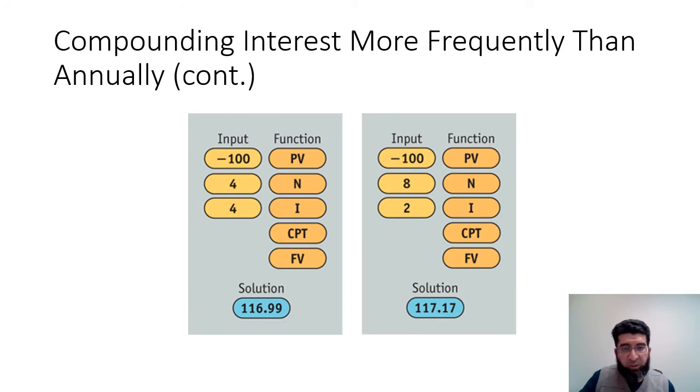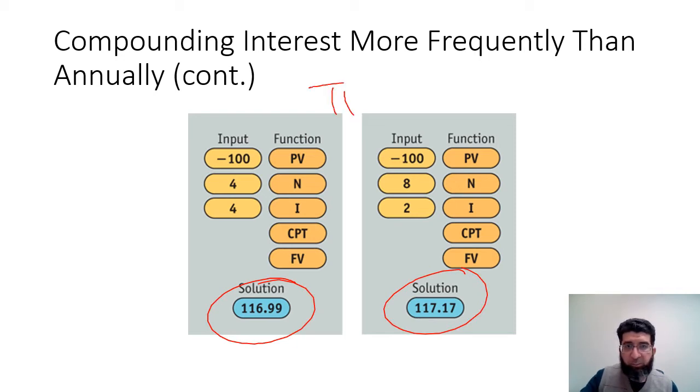We can also calculate this with the help of the calculator, and we'll have the solution by using the simple TVM functions. Noteworthy is that N is 4 and I is 4 for semi-annual, and for quarterly N is 8, and I will become 2 per quarter.